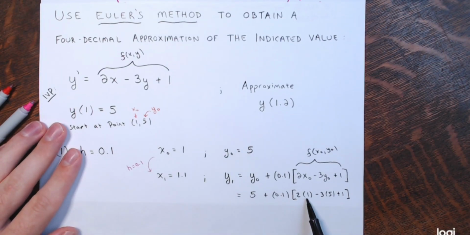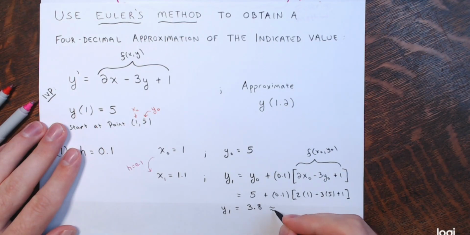This is 2 minus 15, so negative 13, plus 1 is negative 12, but a tenth of that is minus 1.2. So y sub 1 is 3.8. This is approximately the value of our solution at x1, 1.1. Notice I put approximately.